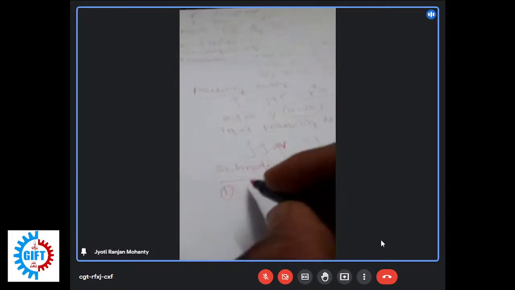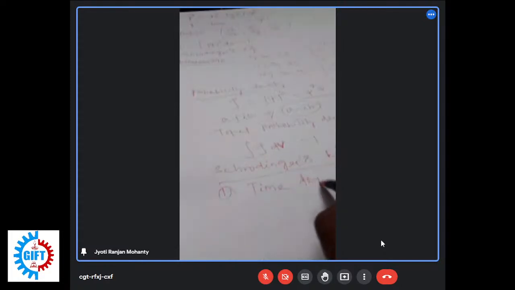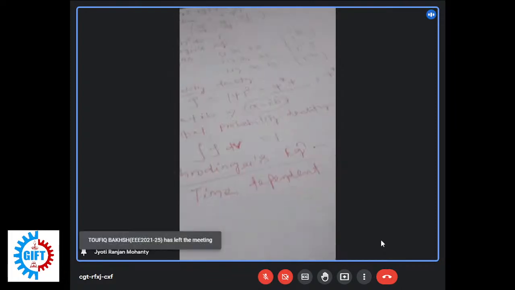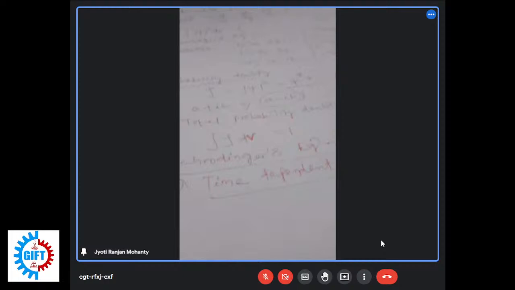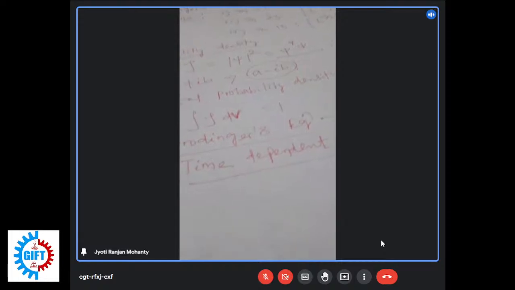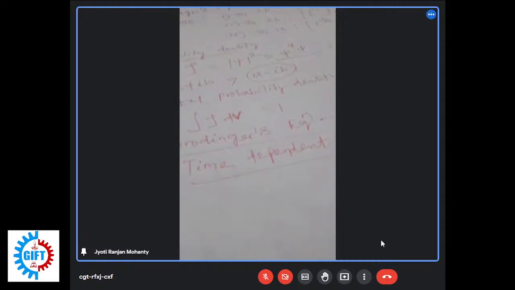So we have to find the time dependent Schrodinger equation, in short TDSE. TDSE means time dependent Schrodinger equation. Time dependent means in the equation time factor will be present. Time independent means there will be no time.